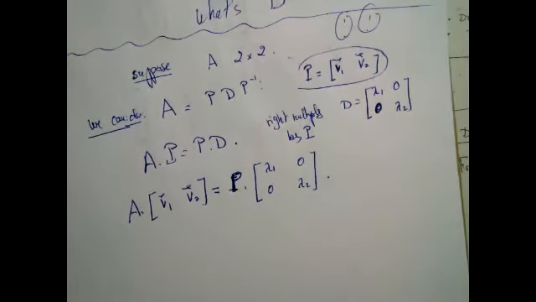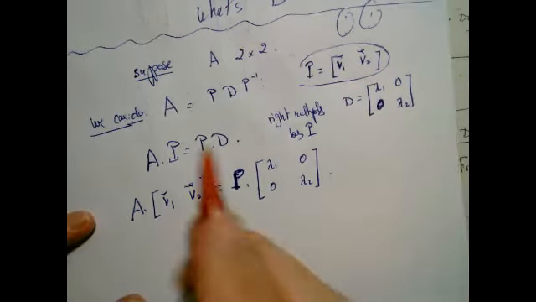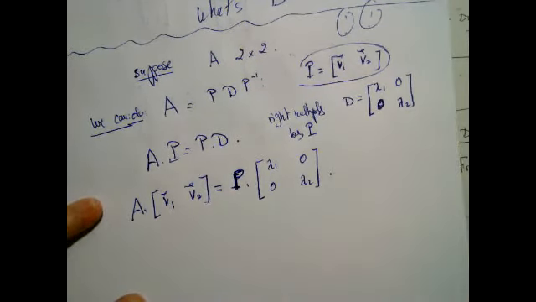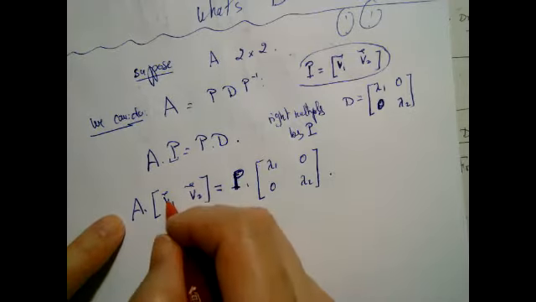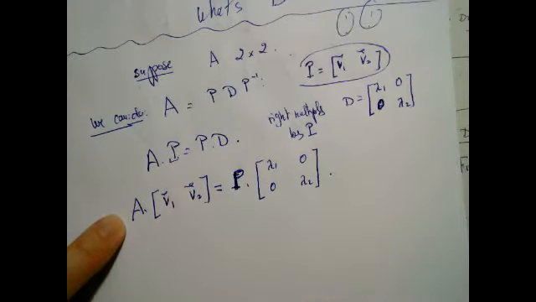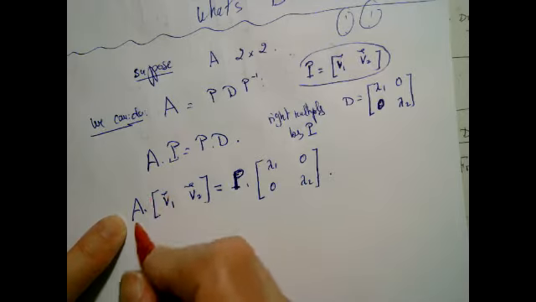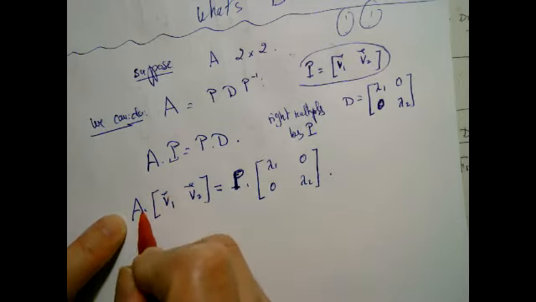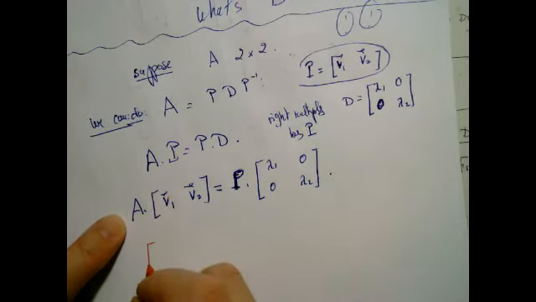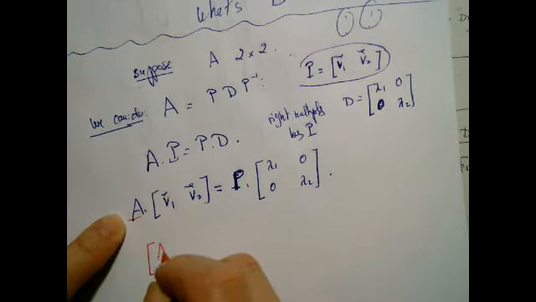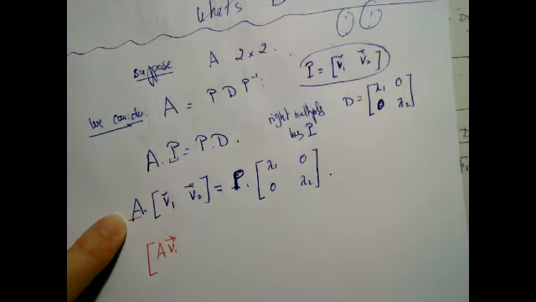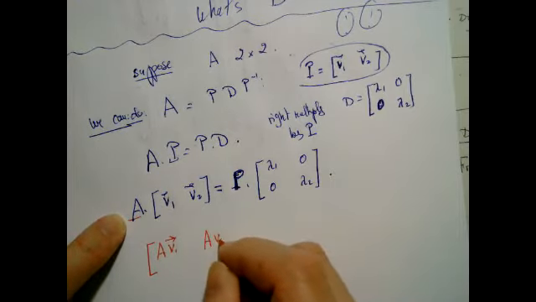And now I'm going to use a fact that we talked about at the beginning, when we talked about multiplication, a fact that we use more in theory than in computation. If I multiply A by V1, V2, I can distribute the A, so this is the same thing as AV1, AV2.